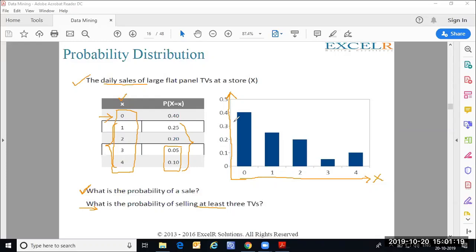Now, can you think of some examples for a continuous probability distribution? The price you're talking about, the quantity, okay.